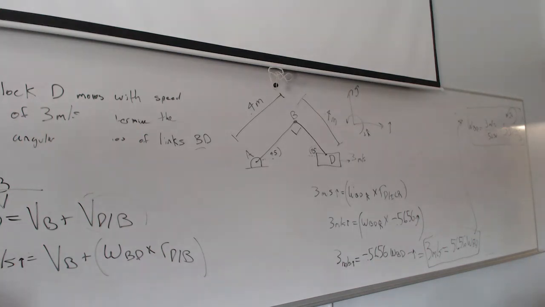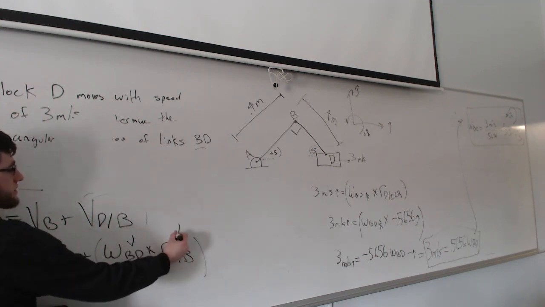The 3 meters per second in the I direction is showing up again. Velocity of B we don't know. I just found angular velocity of link BD, and I can get this term right here.